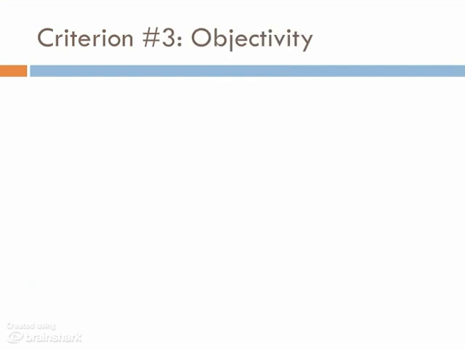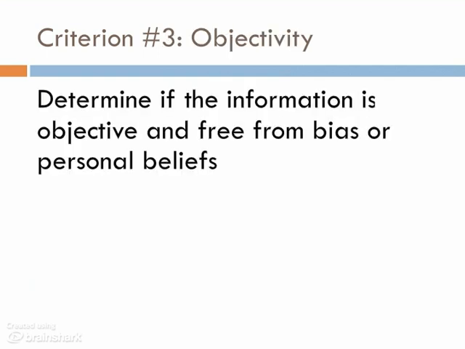The third criteria is objectivity. You're determining if the information is objective or free from bias or personal beliefs or judgments. You want to make sure that the information that is being given to you is not being swayed some way based on the author's personal opinions or views.